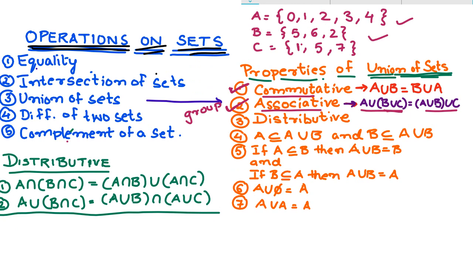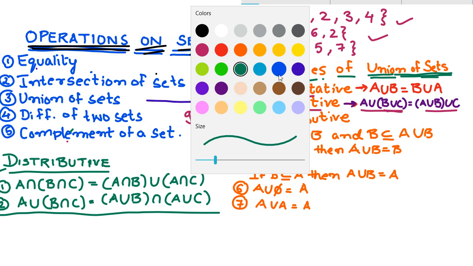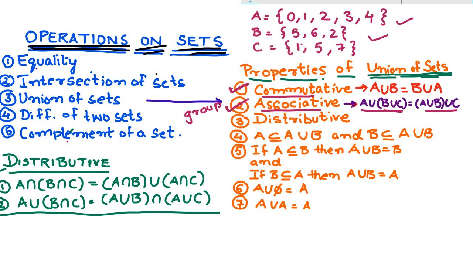So we are looking at the distributive property, which states that A intersection B union C. So let's look at the first one, and I'll take a different color so that we know which one we are heading for. I am looking at this one first. So let's solve the LHS part and then the RHS part.